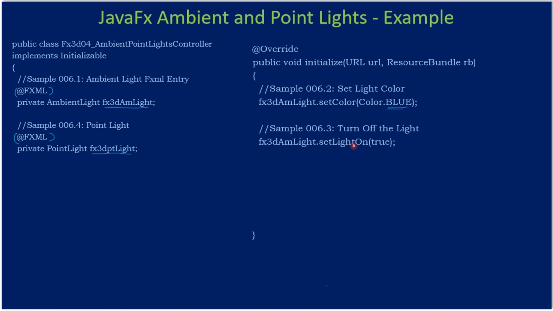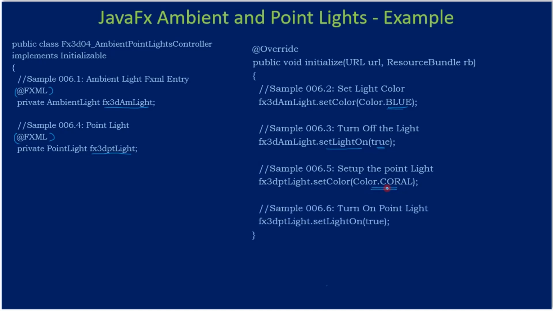Then we will turn on the ambient light using the setLightOn method by passing the boolean true. Then we will set color for our point light, and then we will turn on the point light as well. Alright, now we will go to the demo.